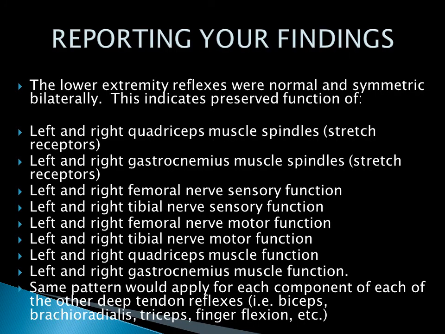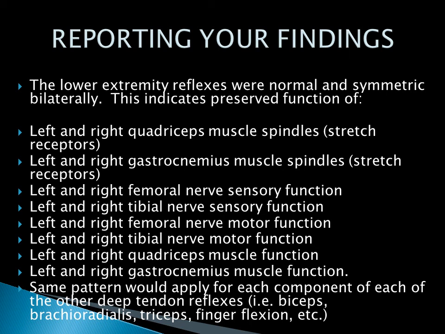Now, when it comes to your report, you want to provide your reporting of your findings of your reflex testing in such a way that the reader of your report understands that you understand what normal reflexes actually indicate.